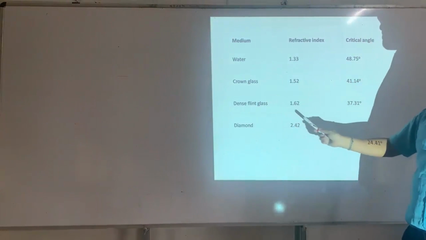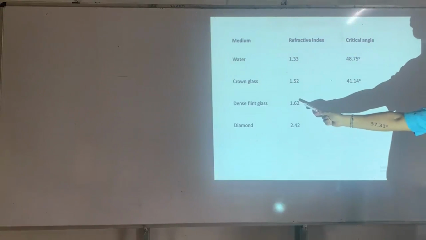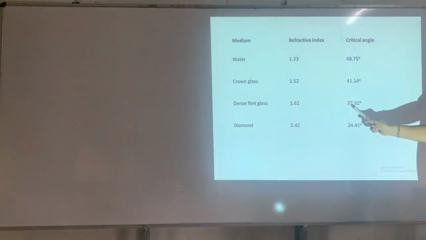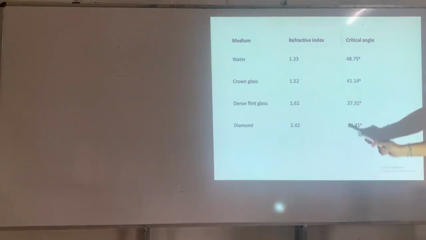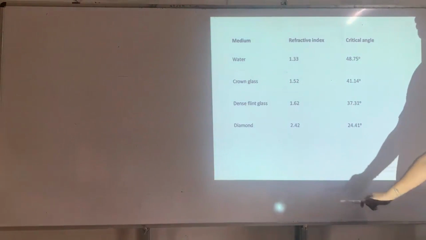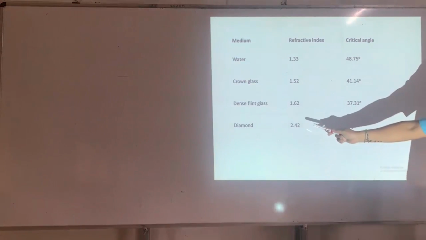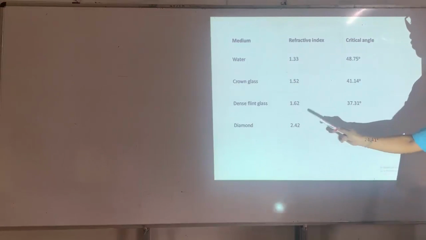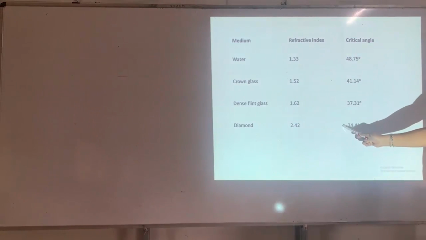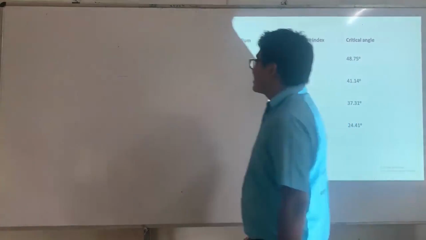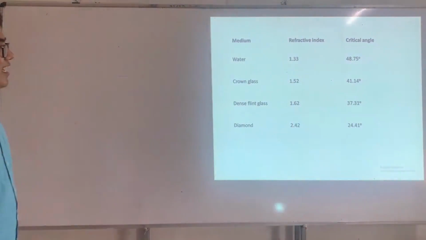Dense flint glass has a refractive index of 1.62 and a critical angle of 37.31. And diamond has the highest refractive index, 2.42, and the smallest critical angle.